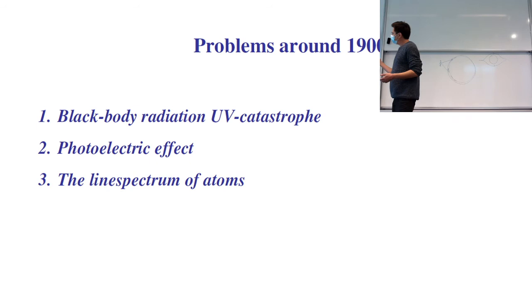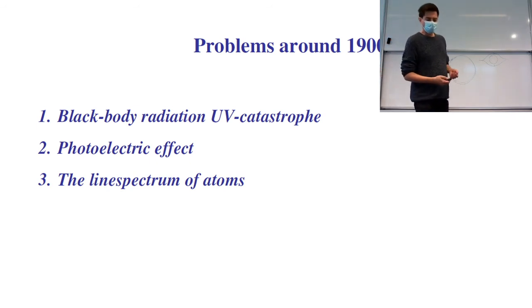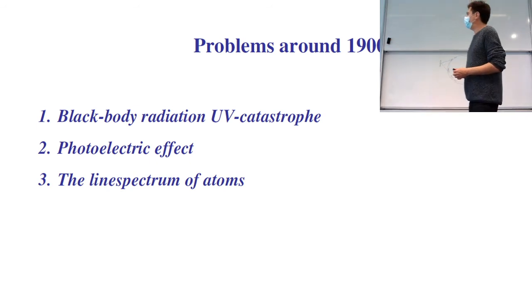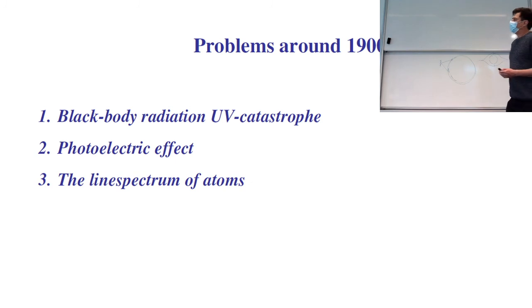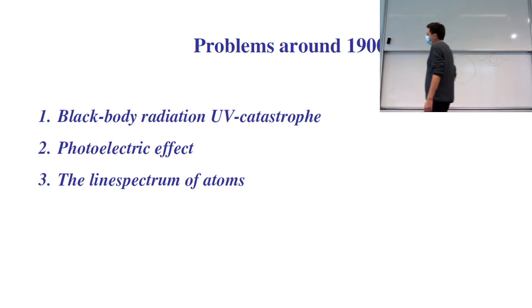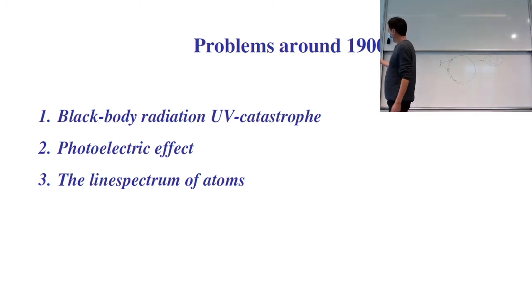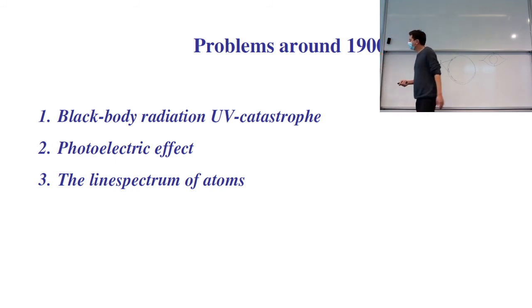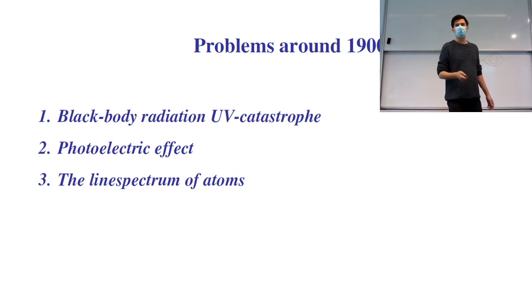So there were three phenomena that people couldn't really understand very well around that time. I'll just go through these three things. The first one was black body radiation, the ultraviolet catastrophe.